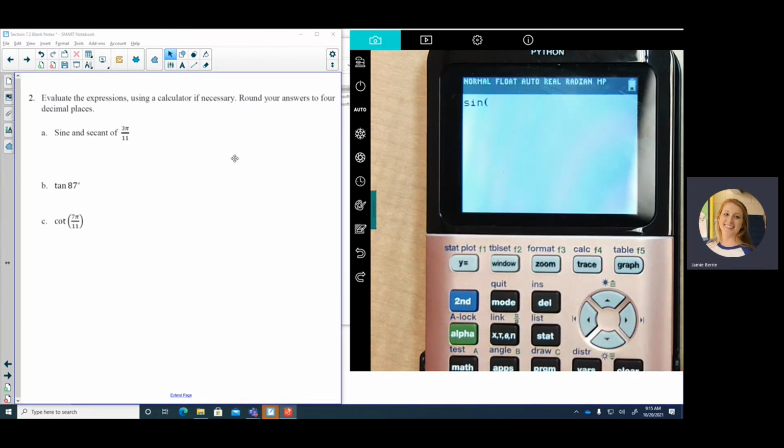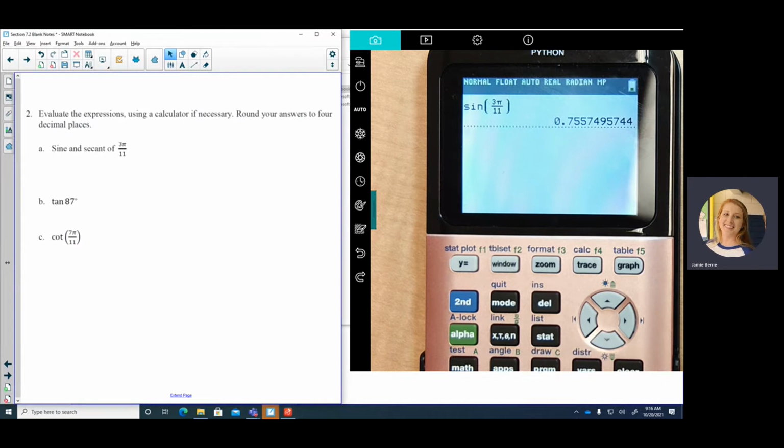All right, so sine of 3 pi over 11. It says round to 4 decimal places, so that's 0.7557.